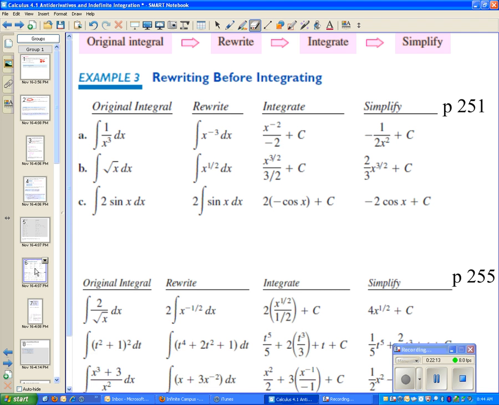If our problem doesn't fit the power rule or one of those formulas, we've got to rewrite it so that it does. Okay? I call it example 3, but there are actually 3 examples there that I'm going to let you look at on your own time.